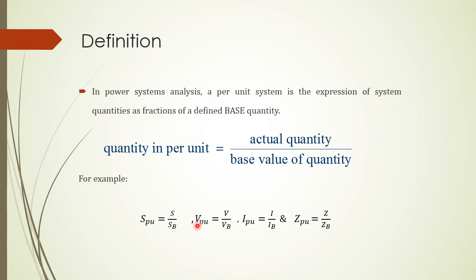The voltage in PU equals the actual voltage over the base voltage. The current in PU equals the actual current over the base current. And also the impedance in PU equals the actual impedance over the base impedance. The per unit value here is denoted by PU.